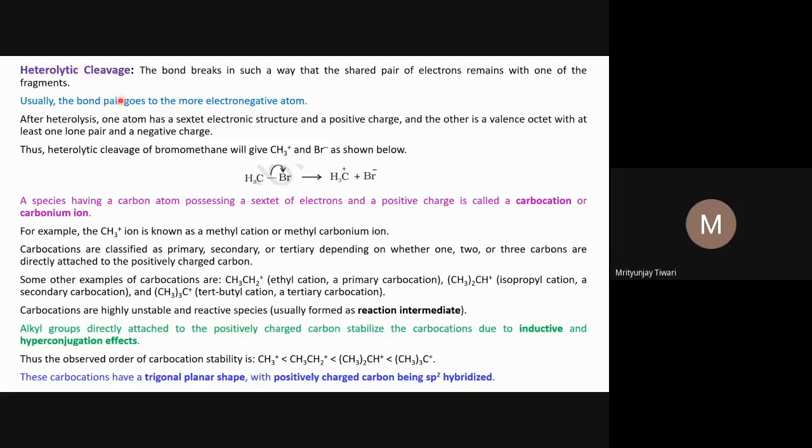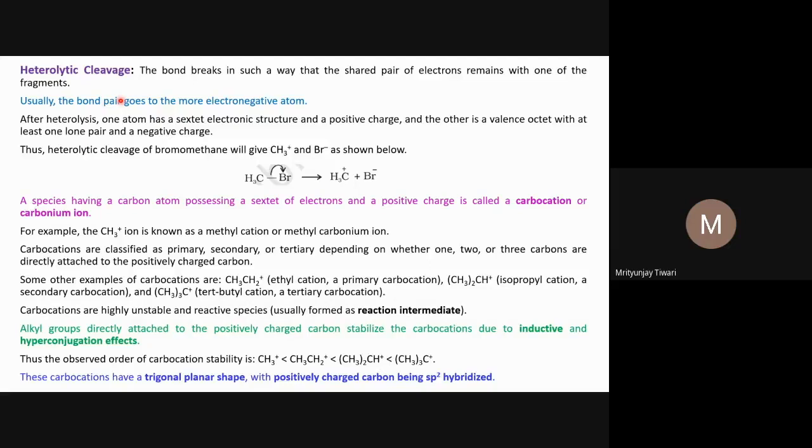The two atoms form a covalent bond, and if there is an electronegativity difference between them, what do we see? We see this bond is already polarized and the shared pair of electrons is already shifted towards the more electronegative atom. It is already bent towards the more electronegative atom.